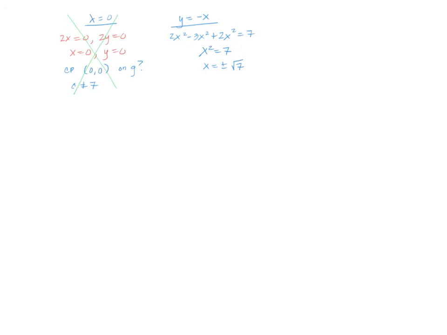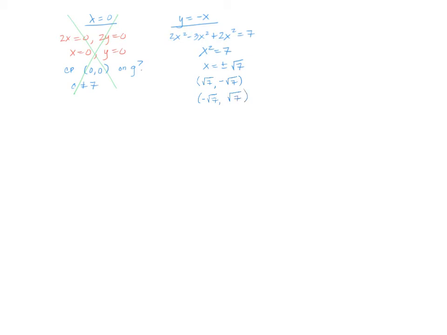We have critical points. Remember, y is equal to negative x. So if x is equal to the positive square root of 7, then the y value is going to be the negative square root of 7. And then the negative square root of 7 for an x value gives you a positive square root of 7 for the y value.